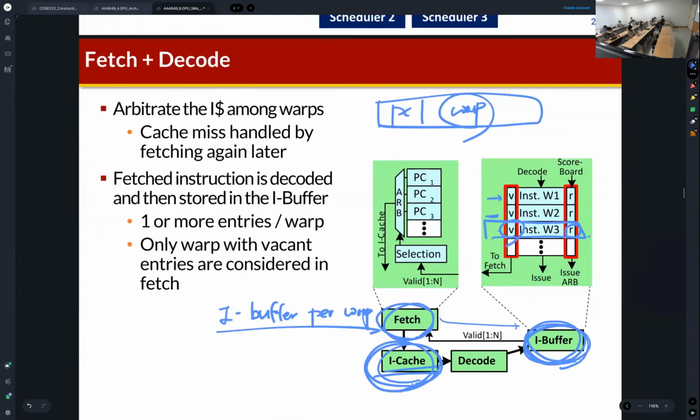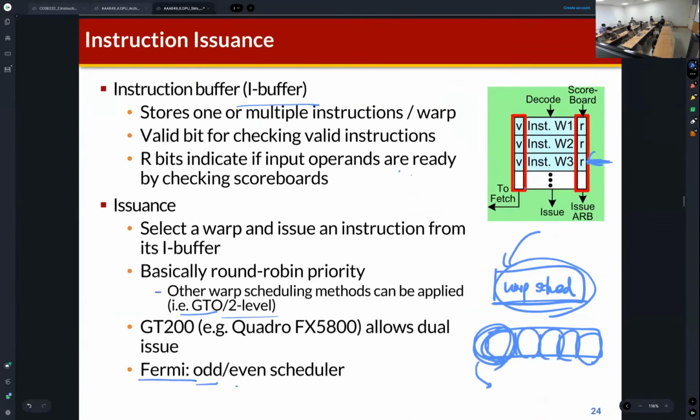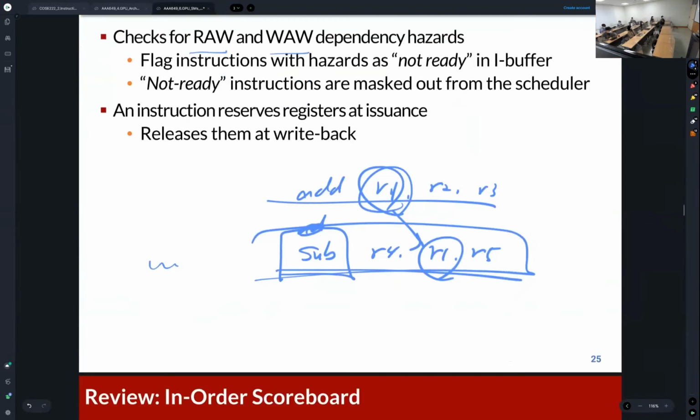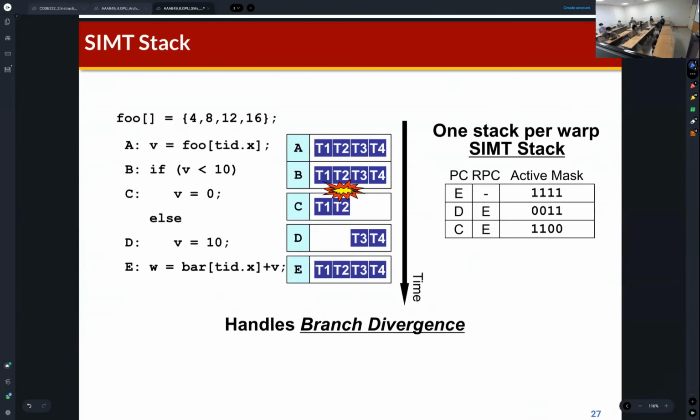We learned about the instruction fetch engine, the issuance engine, and the scoreboard. As I explained, each component of the front end of the GPU is simple.